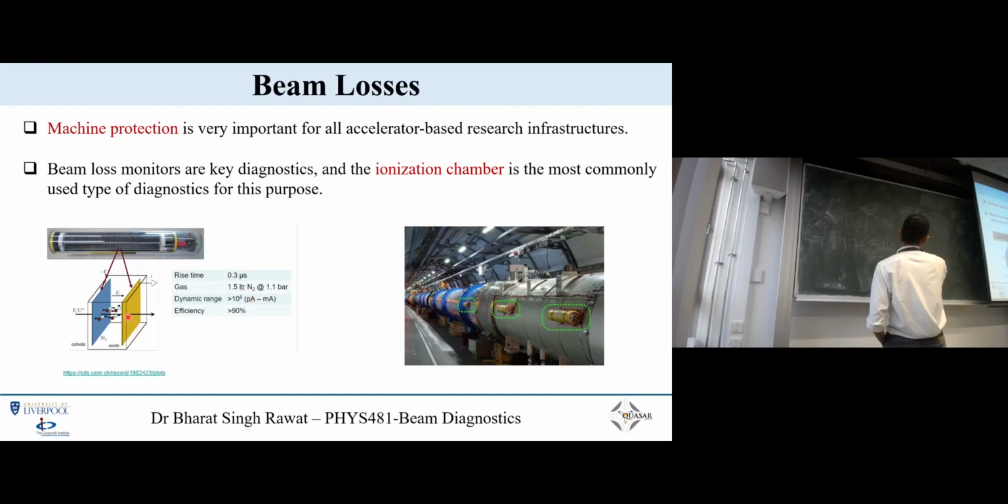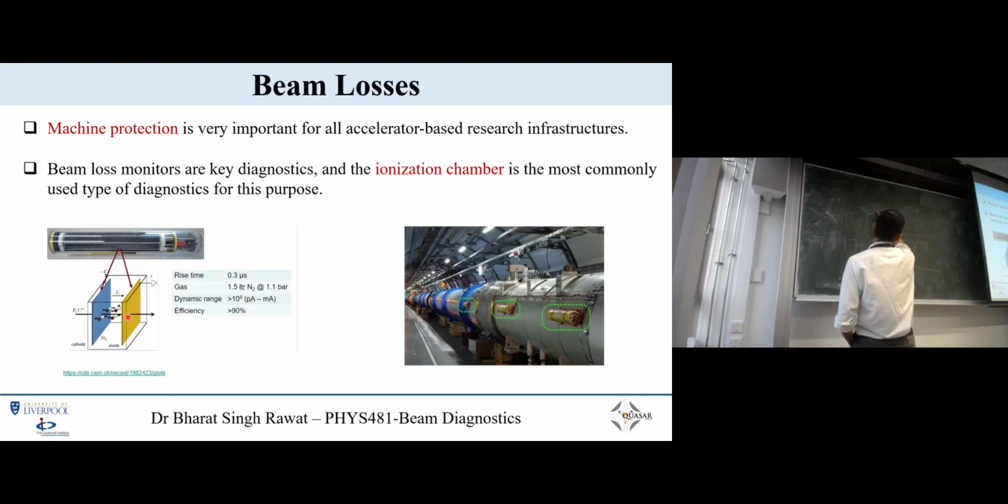And then you have two parallel plates. One is the cathode, which is at, let's say, some negative voltage, and the other is the anode, which is at a positive voltage. So it creates an electric field. This is the direction of your electric field.